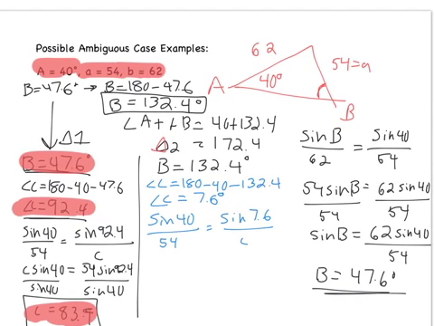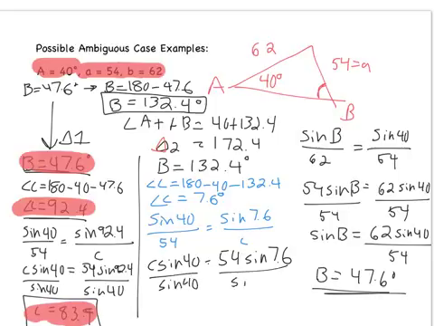So I'll do C times the sine of 40 equals 54 times the sine of 7.6, divided by the sine of 40, and type that all in. 54 times the sine of 7.6 divided by the sine of 40 is 11.1.